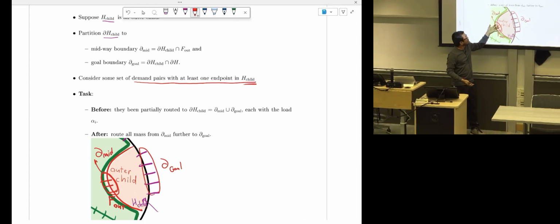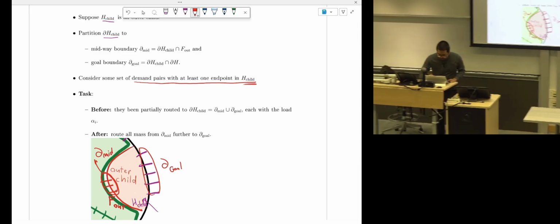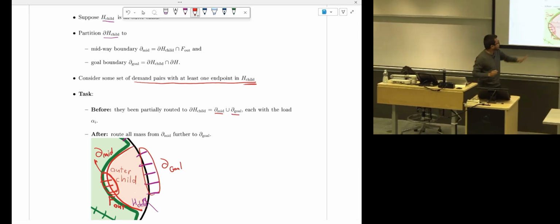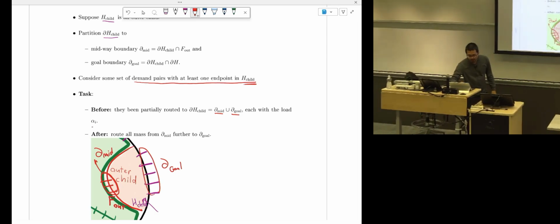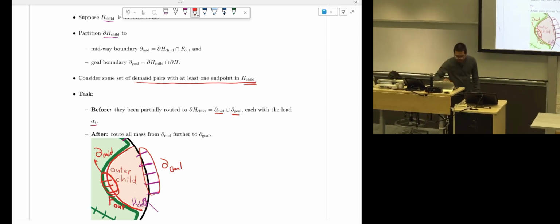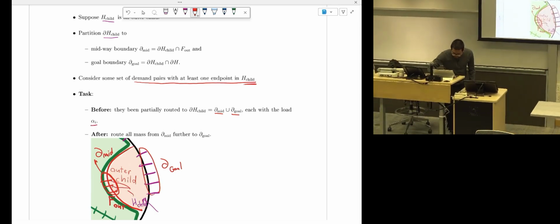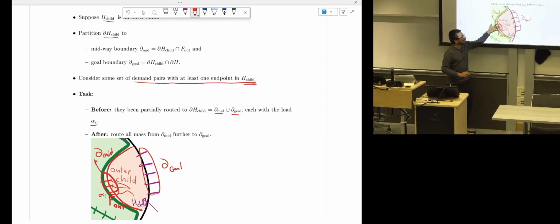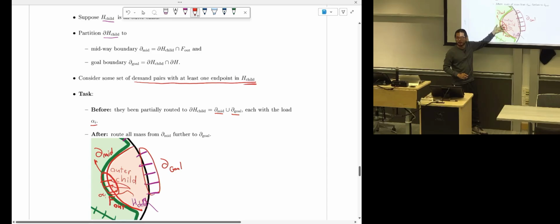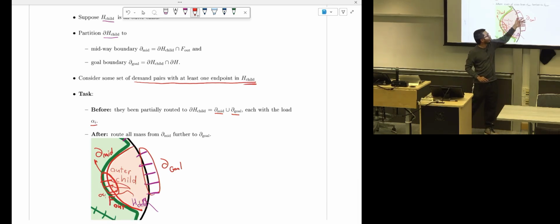So it can be on the midway battery or the goal battery. And the load here is alpha I. The flow to this guy is alpha I. And our goal is quite simple. I just want to forward everything to the goal. The flow shouldn't finish at the midway battery. It should just go to the goal here.